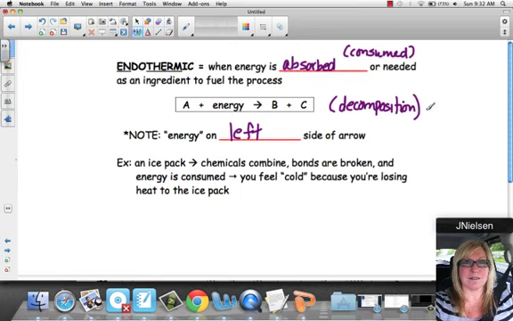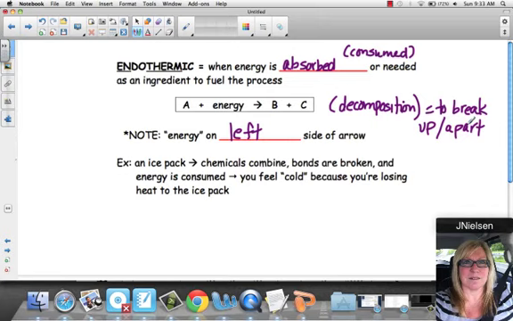To break apart. So this is the opposite of synthesis. Synthesis means to make or put together. Energy is released. This is decomposition. Energy is absorbed, which means that we're breaking apart or breaking something up.